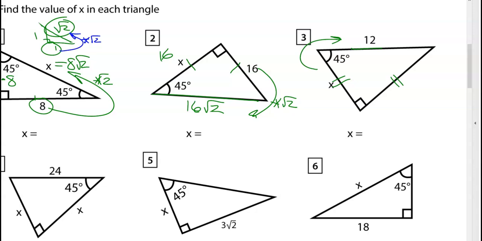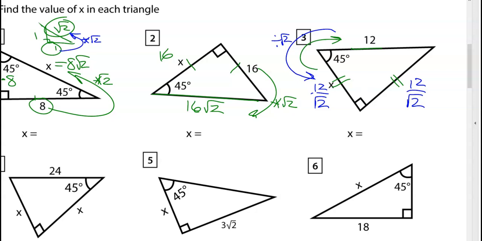So this time we're going the other direction, from 12 back to one of the legs. So instead of multiplying by root 2, we're going to divide by root 2. If you check your answer, you would notice that after the x, they have 12 divided by root 2. We're taking the length of the hypotenuse and dividing by root 2.